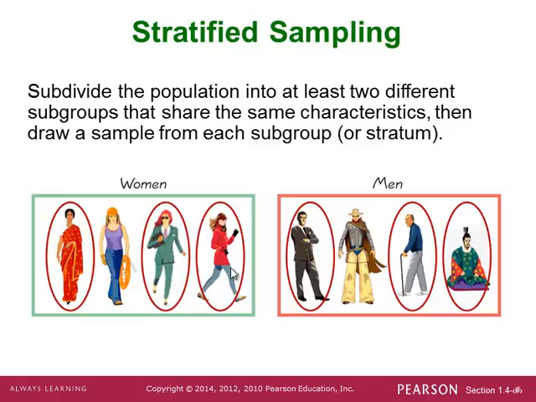So what you do is divide your population into women and men, and then you randomly sample so many individuals, say 50 women and 50 men.